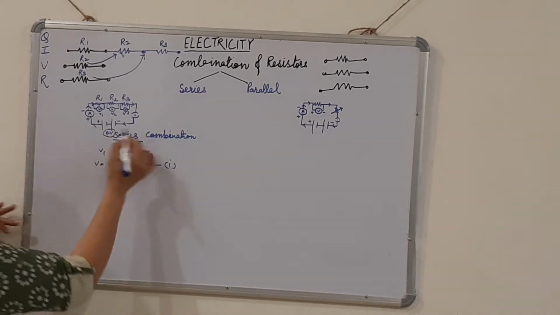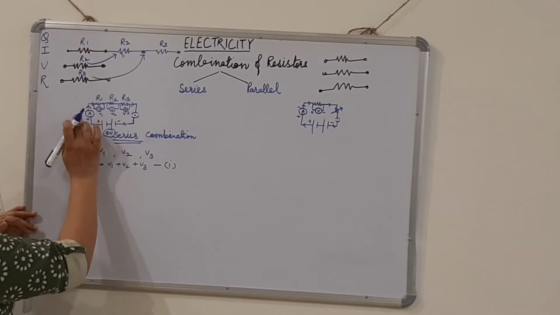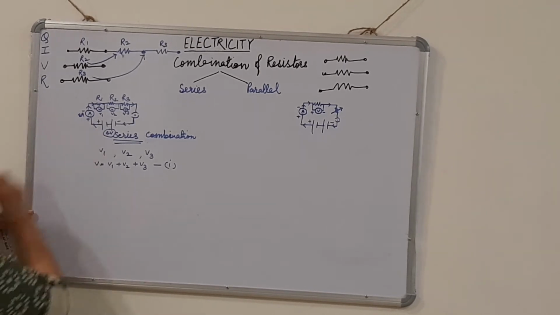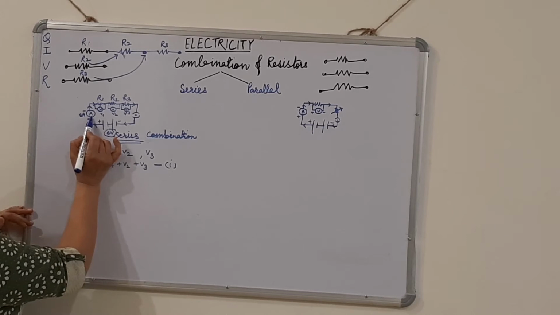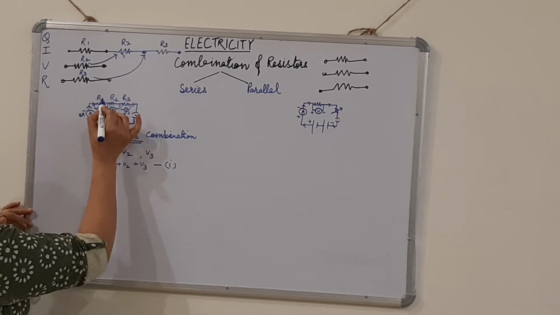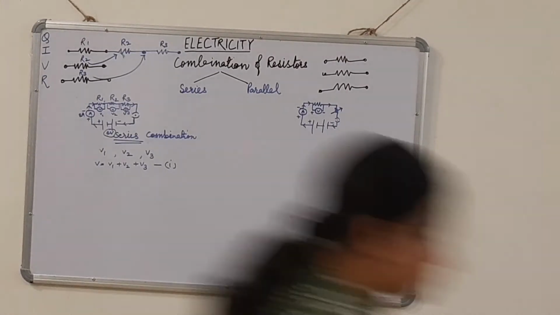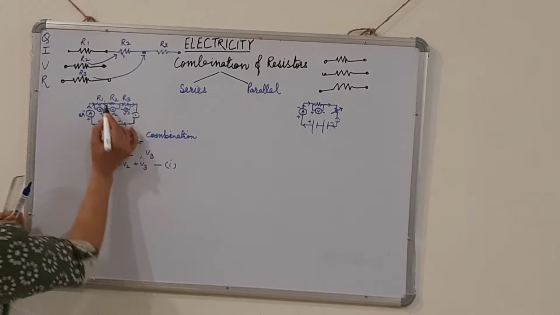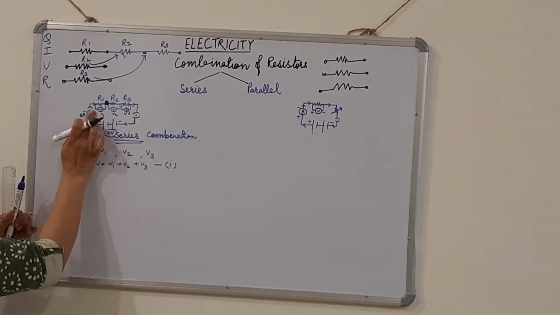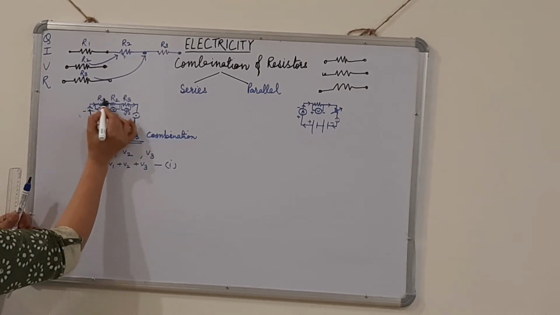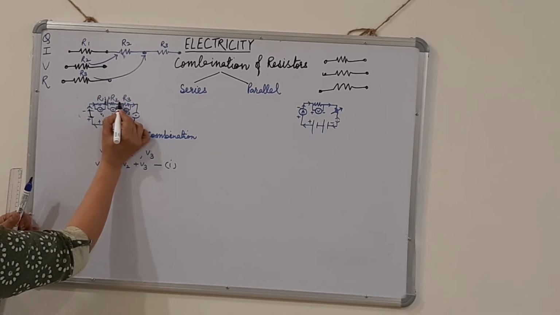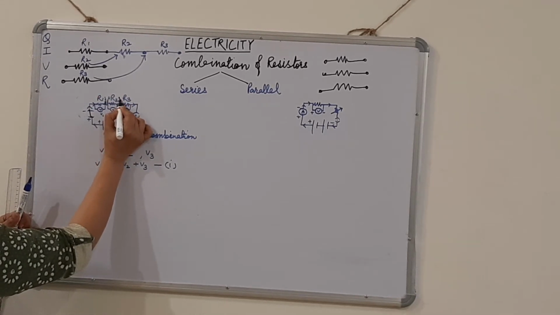And when I put the ammeter in this circuit, suppose it gives a reading of 8 ampere. I put the ammeter first here, I got 8 ampere. I removed it from here and put it there, I got 8 ampere. I removed it and put it here, again I got 8 ampere.